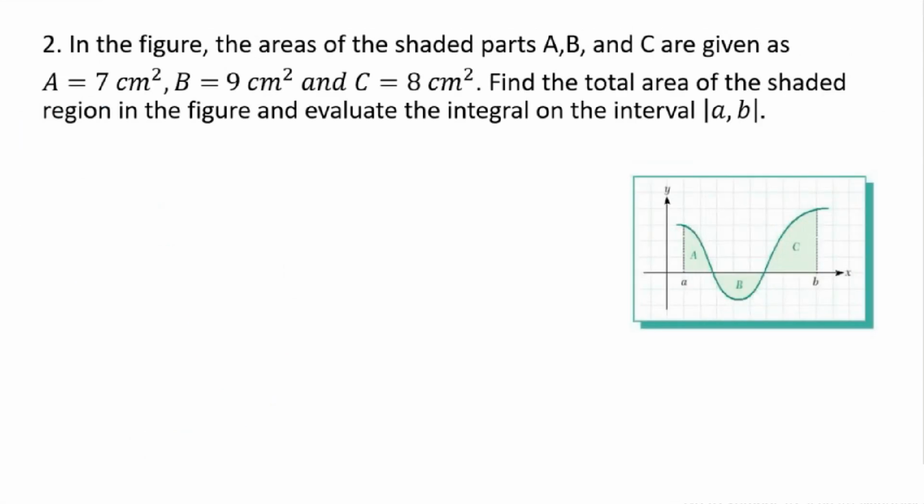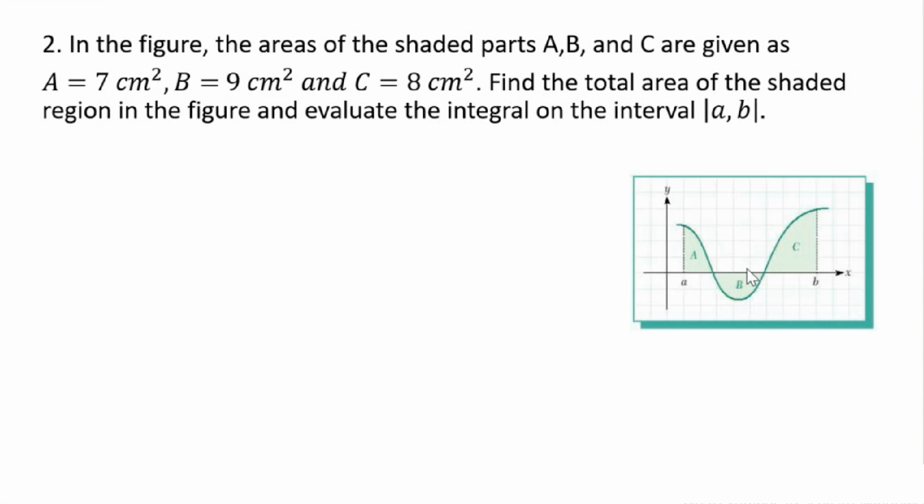Number 2: in the figure, the areas of the shaded parts A, B, and C are given as A equals 7 centimeters squared, B equals 9 centimeters squared, and C equals 8 centimeters squared. Find the total area of the shaded region in the figure and evaluate the integral on the interval [a, b].